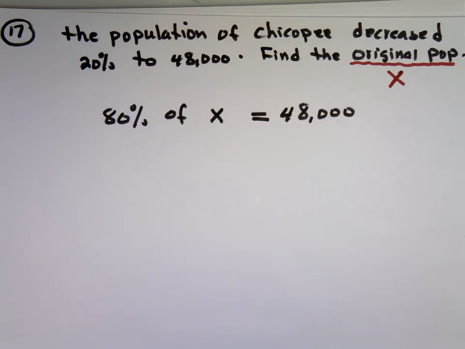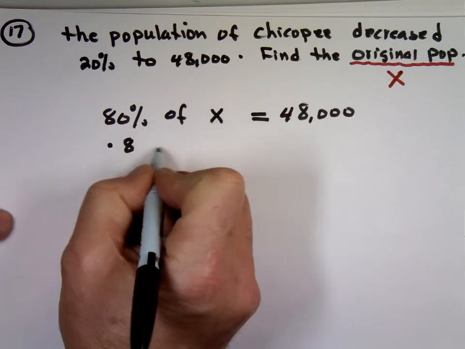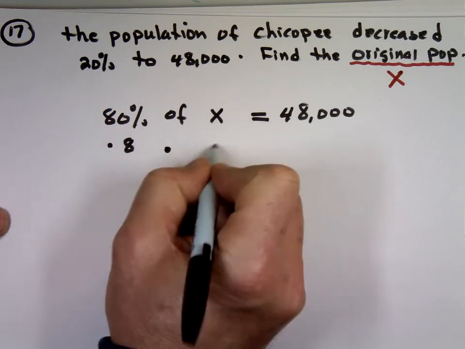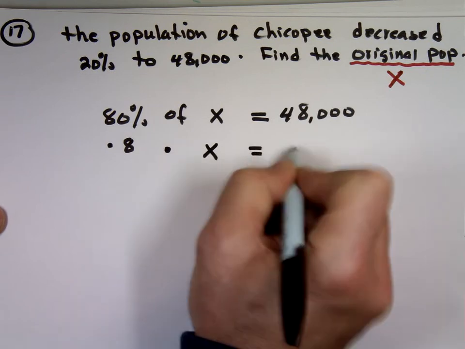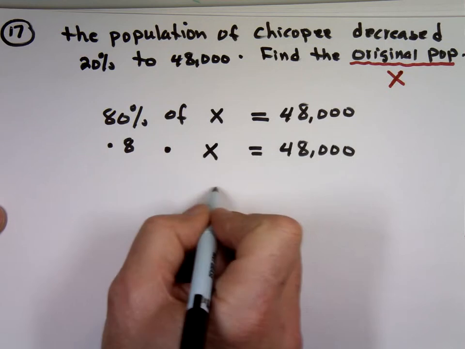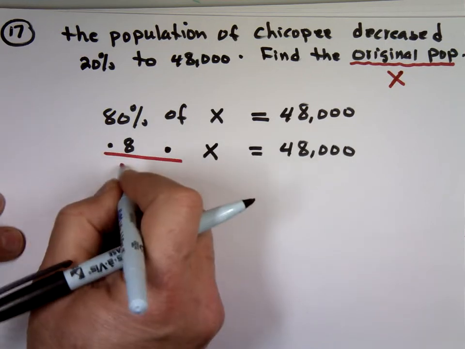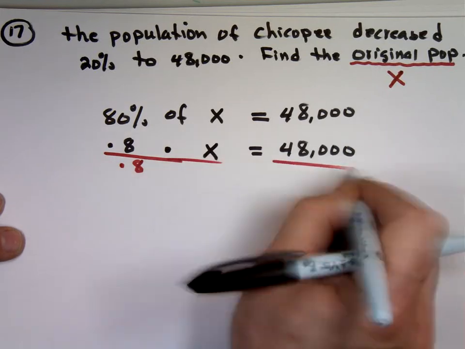We decrease by 20%, that means 80% still live in there. Well, 80% is 0.8 or 0.80. Of means times. This is X equals 48,000. So to solve for X, what are we going to do? Divide by 0.8.